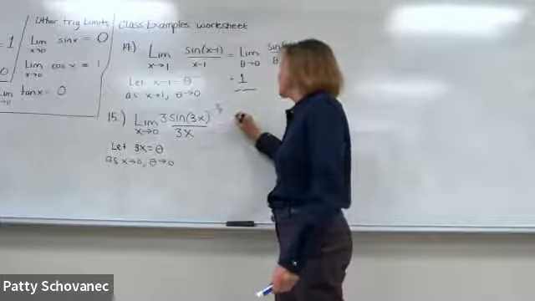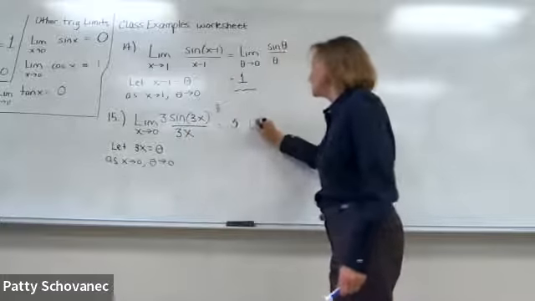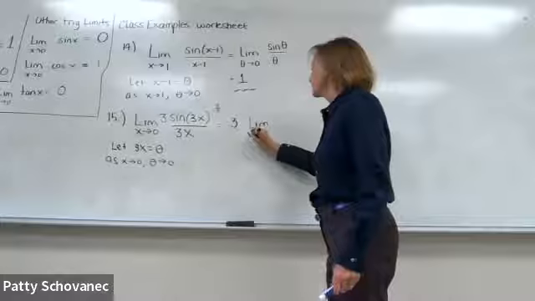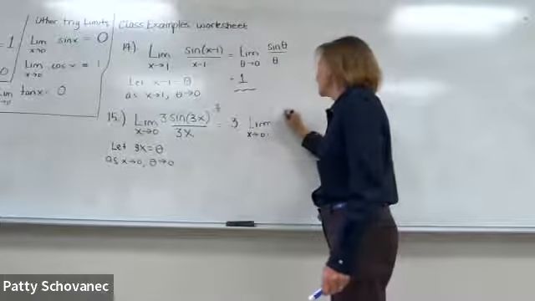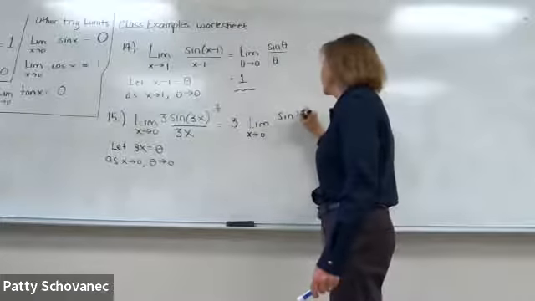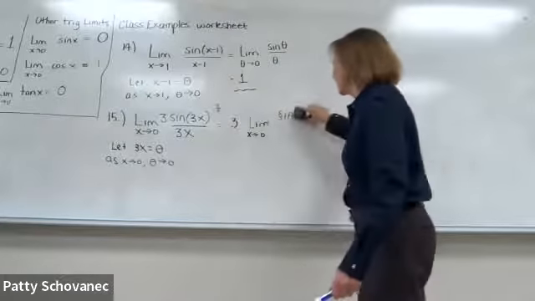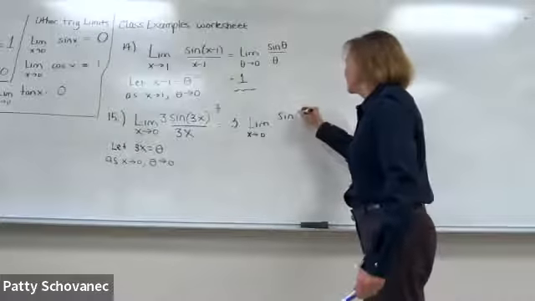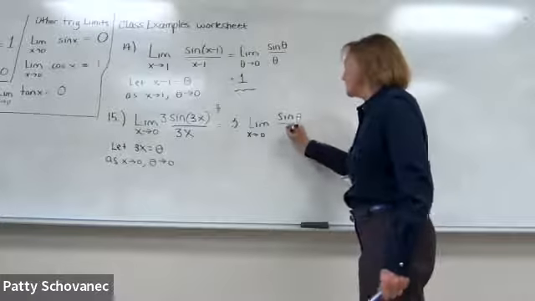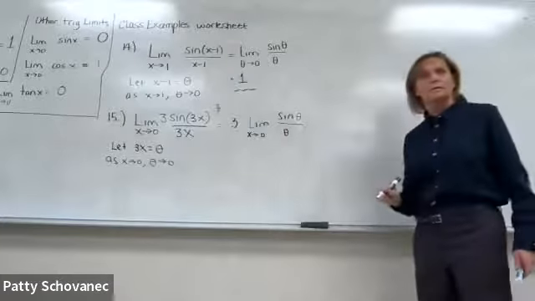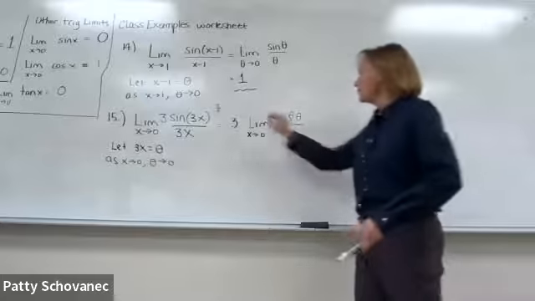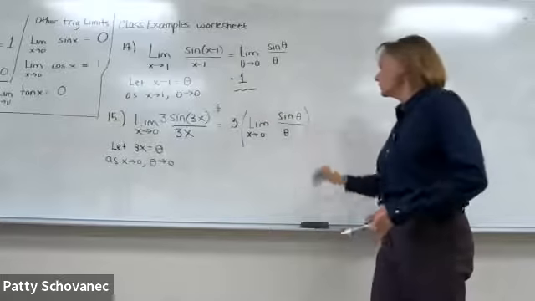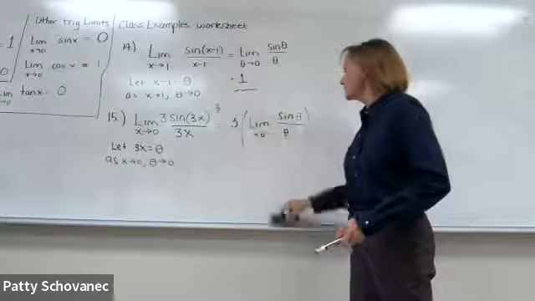A constant times a limit is just that constant times the limit. So I can pull that blue 3 in front out. I'll make this a theta. And that a theta. Do this limit right here, using my special limit. That's not an x, that's a theta.